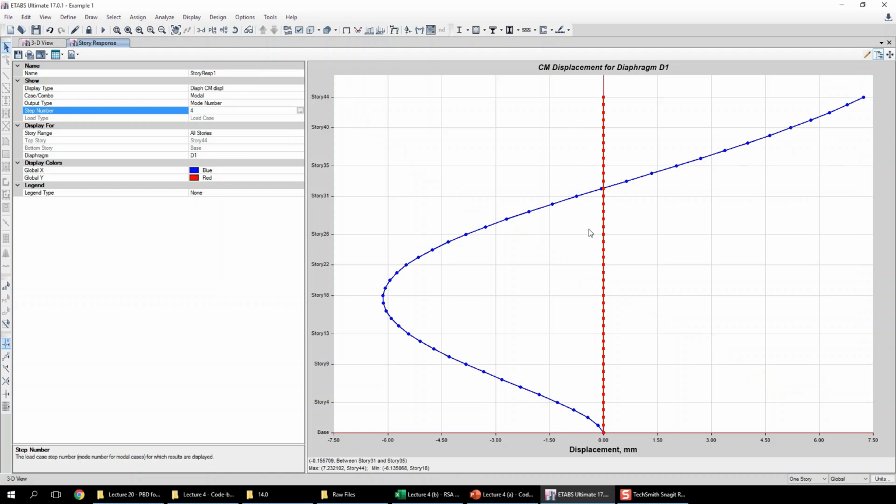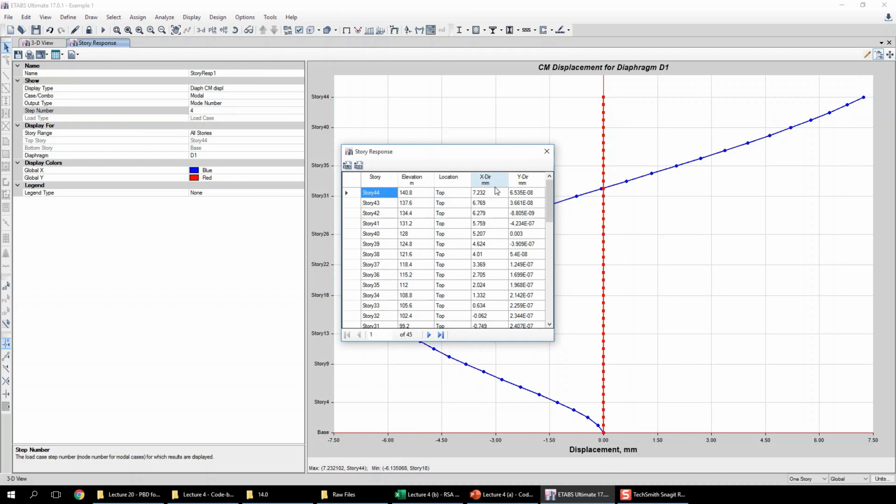The red line is all 0, which means there is no contribution in this mode number 4 from Y direction. So it is a pure second mode in X direction, and the same process can be repeated: you can pick the X direction values here, this column, and this is the phi2 vector which you get from ETABS.